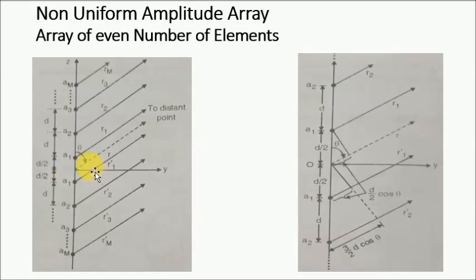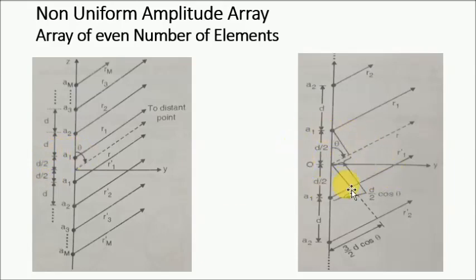Then M elements will be on each side, and consider the separation between these elements to be small d. Now from the origin the separation becomes d by 2.